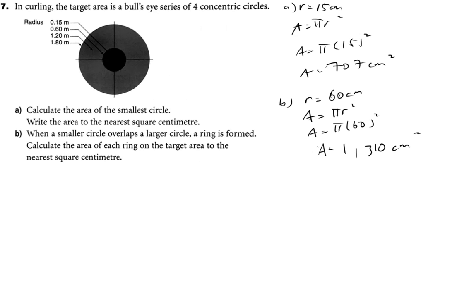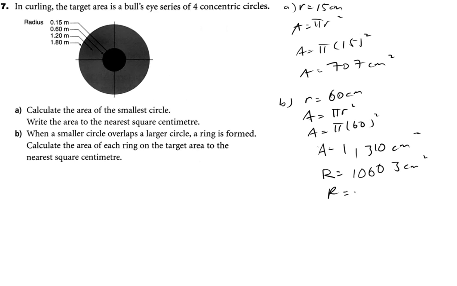we can now subtract the area from before. So let's make R the ring area. R is going to be equal to this minus this. So we have that minus that, which is equal to around 10,603 centimeters squared.